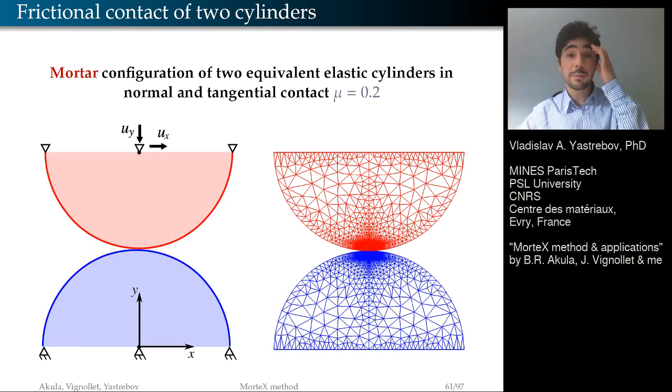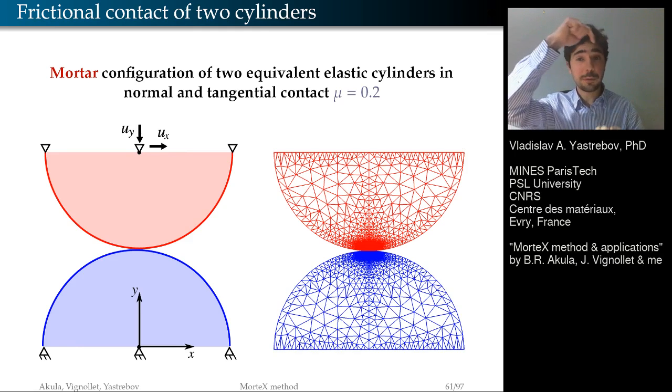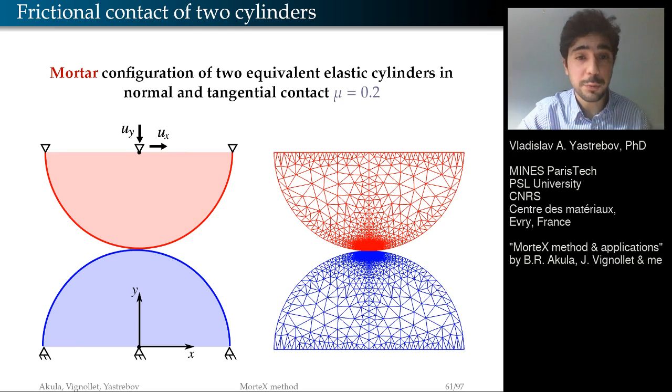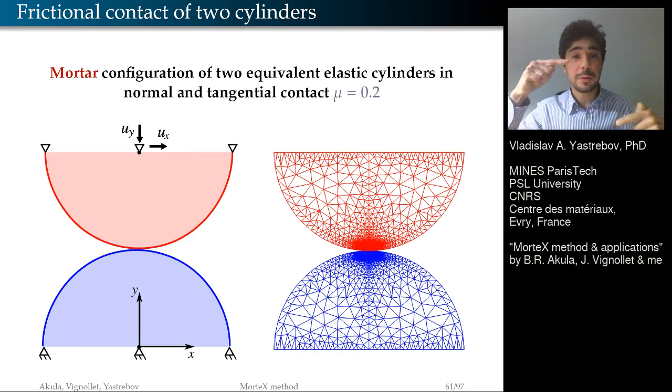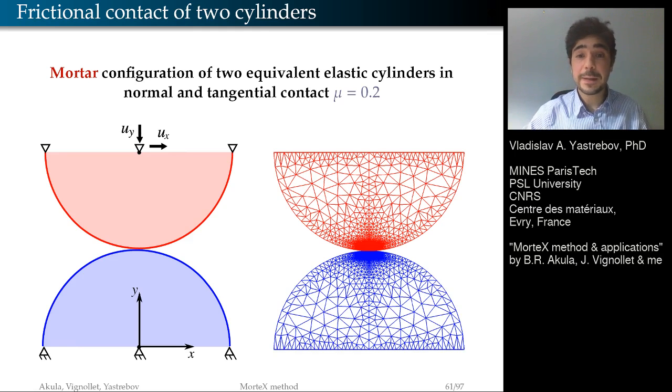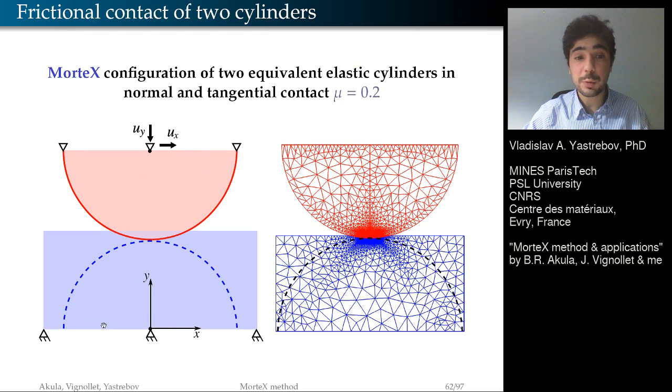Now let's look at a more tricky problem which has an analytical solution. It's a contact between two cylinders which we squeeze with a vertical pressure, and we apply tangential forces as well in order to start to shift them a little bit. The coefficient of friction is equal to 0.2, and we'll compare the Mortar setup and the MorteX setup in which the second cylinder is simply cut from the rectangular mesh.